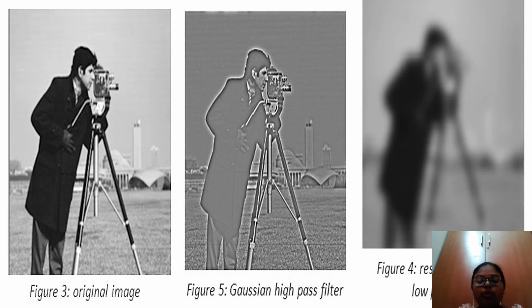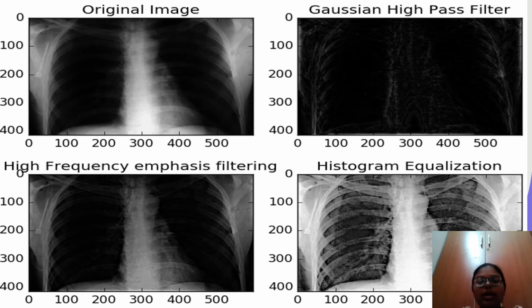Then I have to give these three images: the original image, Gaussian high pass filtering and Gaussian low pass filtering. Now this is the original image that we give to the Gaussian high pass filter, frequency emphasize filtering, and histogram equalization. These all give you a better experience than existing ones. So this is why we are using the filtering methods.